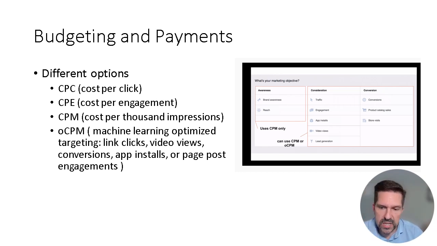Finally, one thing that you see more and more, and I think most platforms, though not all of them, have it, is an option to pay, instead of just per impression, per optimized impression. That means the platform uses some sort of predictive algorithm. They might call it machine learning or artificial intelligence if they want to sound cool, but it's basically a math model that uses your input about what objective you're trying to achieve, for example going to your website or installing your app.